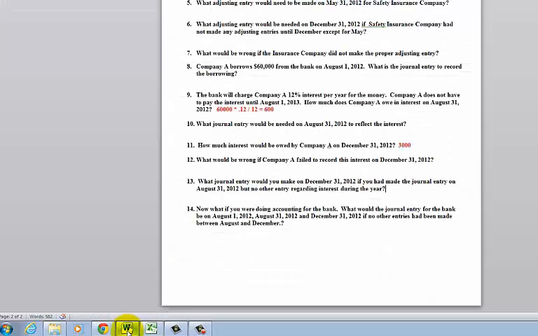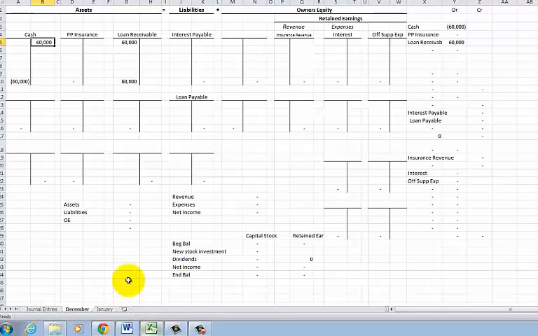We go back and it says, what would the journal entry be for the bank? How about August 31st? Now, what's happened? 1 month later, we know the interest is $600. Has the bank been paid any of that $600? No. So it has interest receivable of $600.